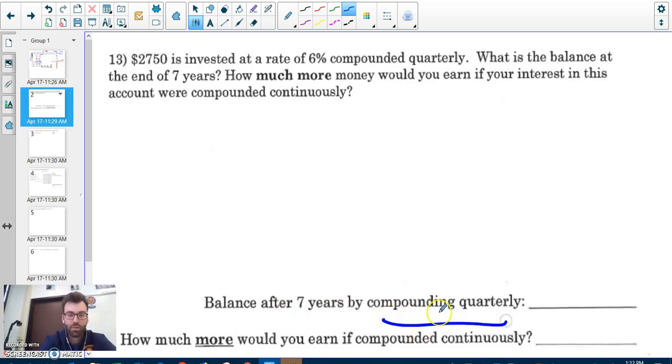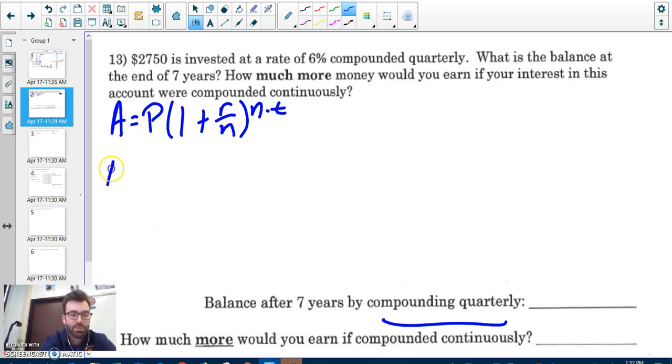What's your balance compounded quarterly? I'm going to use this equation: A equals P times (1 plus r over n) to the n times t. Remember, P is my principal value, or my initial deposit. I deposited $2750. 1 always stays 1.